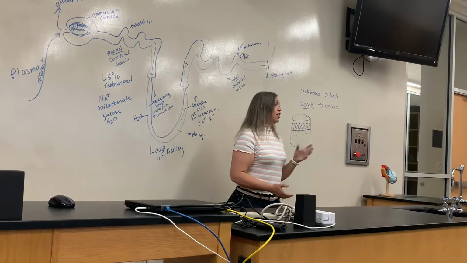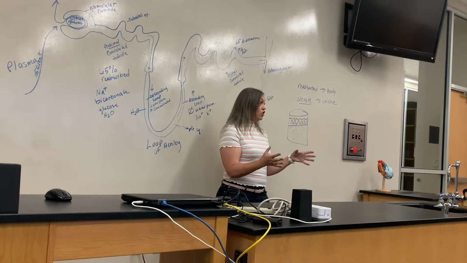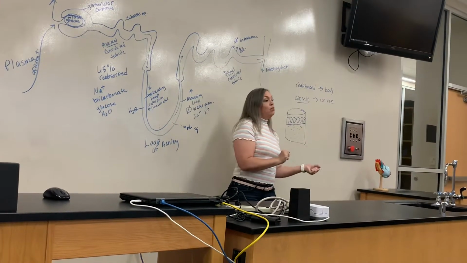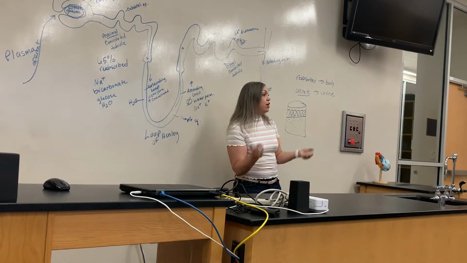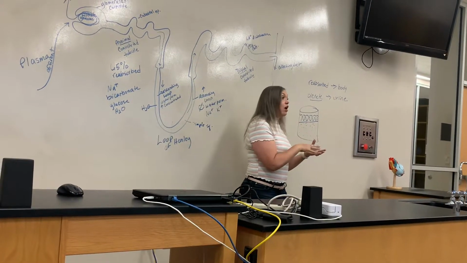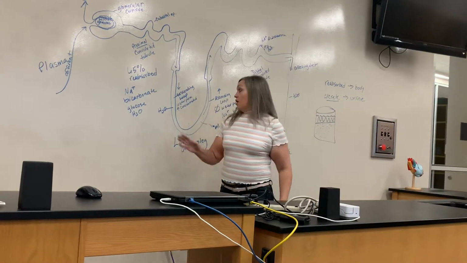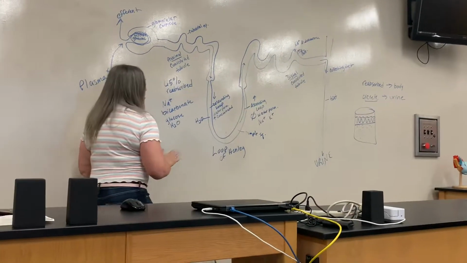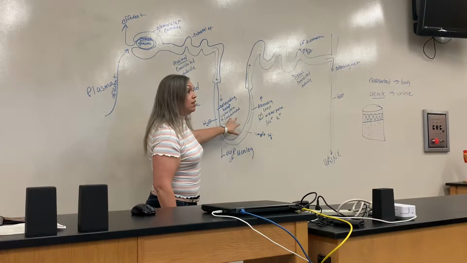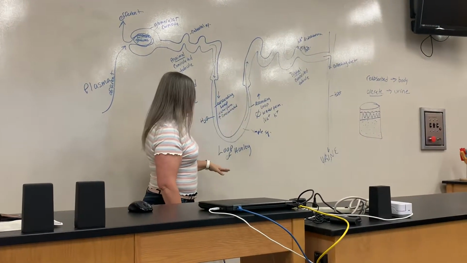Like when you use concentrated cleaning products, they've just taken the water out. So the instructions will say mix 1 part cleaning with 3 parts water because it's concentrated. It still has all the good stuff in it, but they've taken the water out. It's the same concept. Here we've taken water out because this is where we're water permeable, so it's more concentrated, but it still has all the stuff in it.